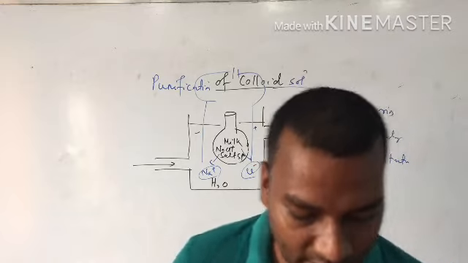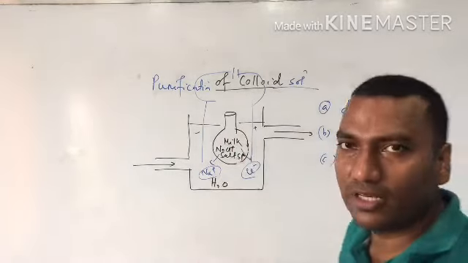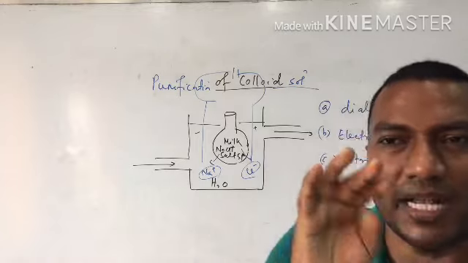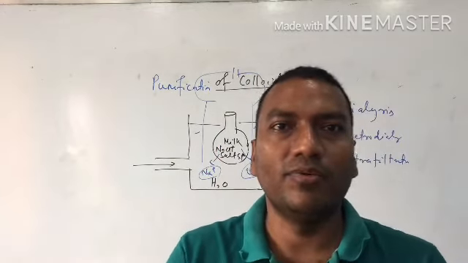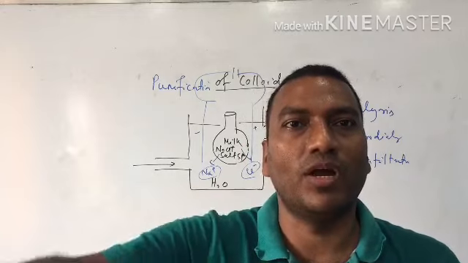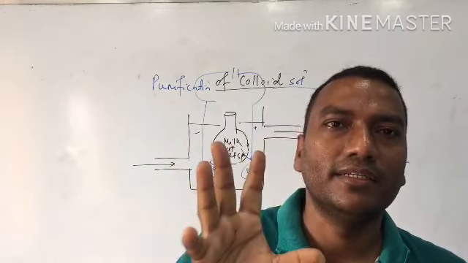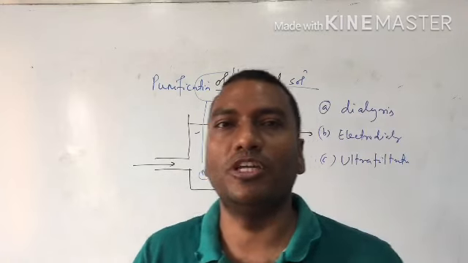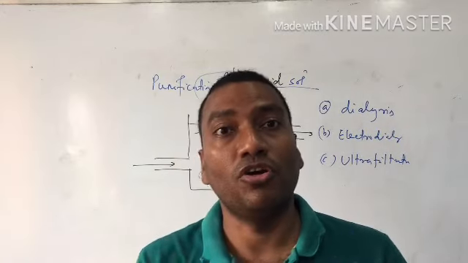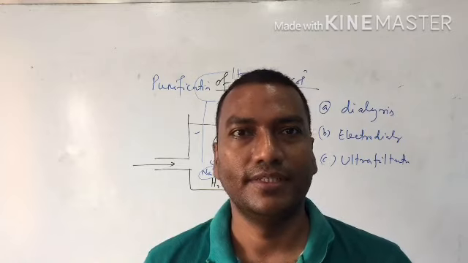So if you add the solution to this paper, only small particles are allowed through, because Na+ and Cl- particles will be transferred with the help of water, and the rest, the fat part, will remain as a residue over the filter paper. This is called the ultrafiltration technique. Understood?